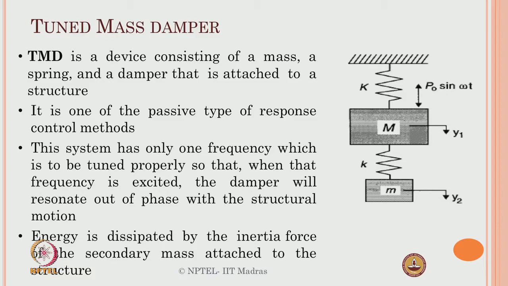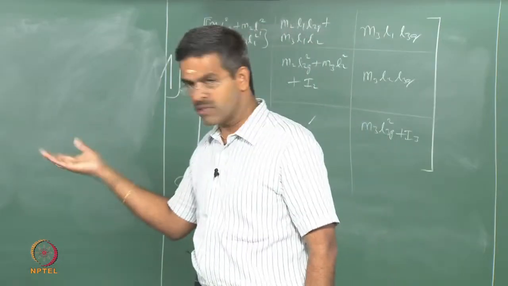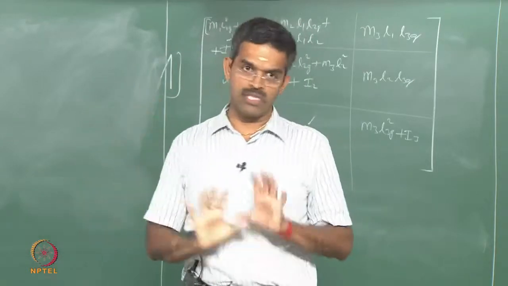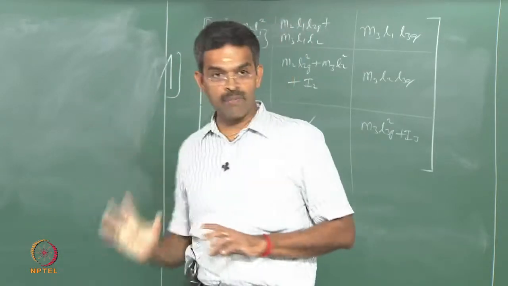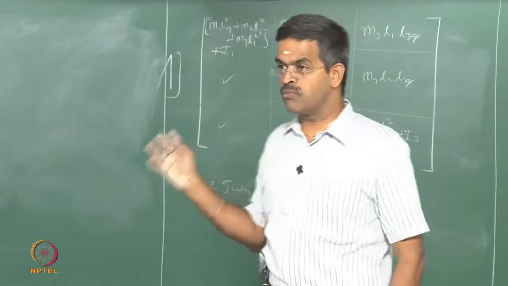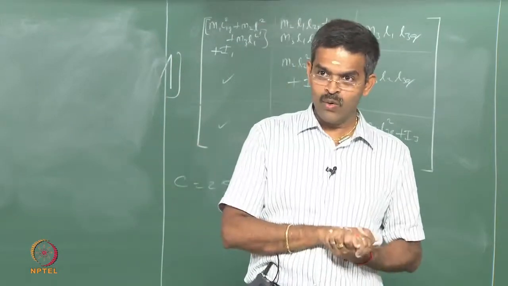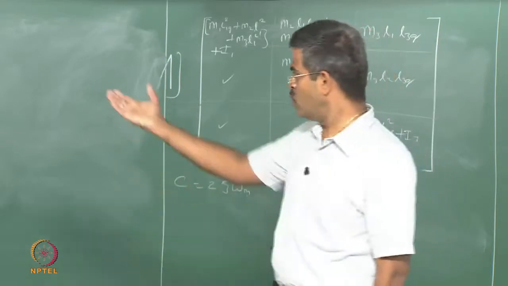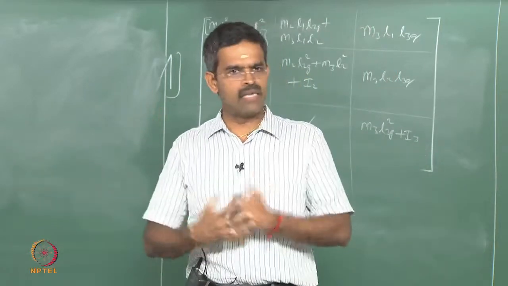So there is no requirement of an additional damper to the secondary mass system. So I do not have C2 here, I have only K1, M1 and C1, and only K2 and M2, because K2, M2 itself is an integral C2 or damper to the primary system.